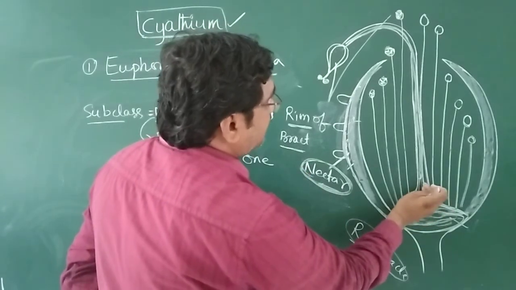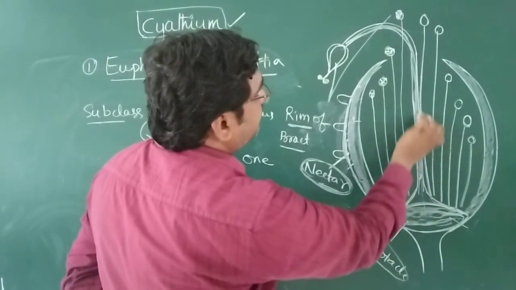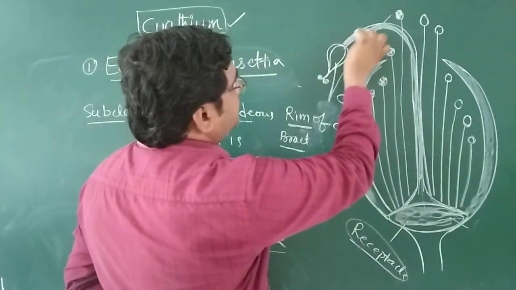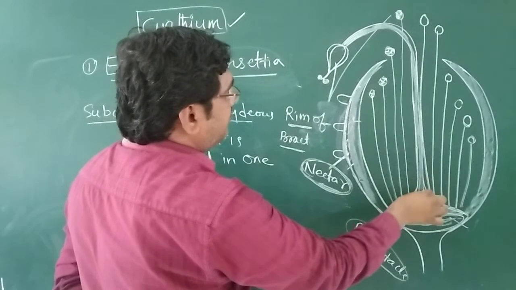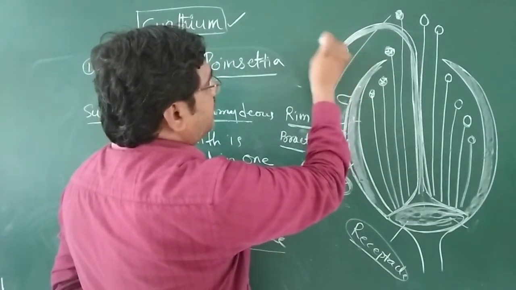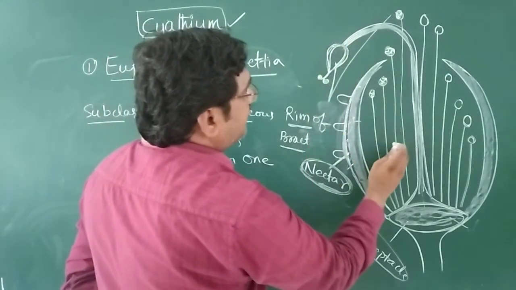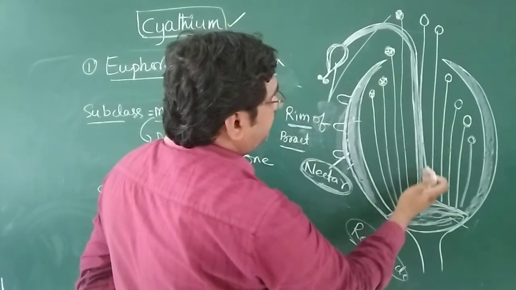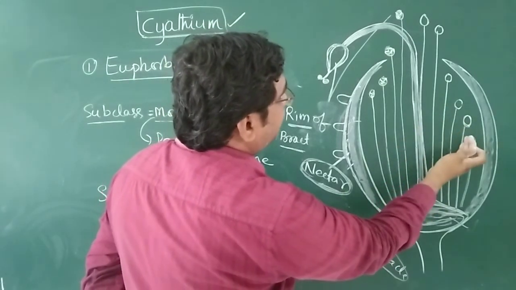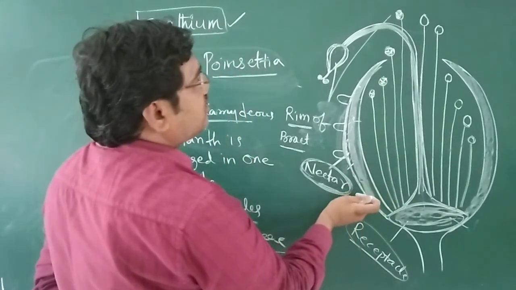On the receptacle, the single female flower is formed. This single female flower has a tricarpellary syncarpous superior ovary.